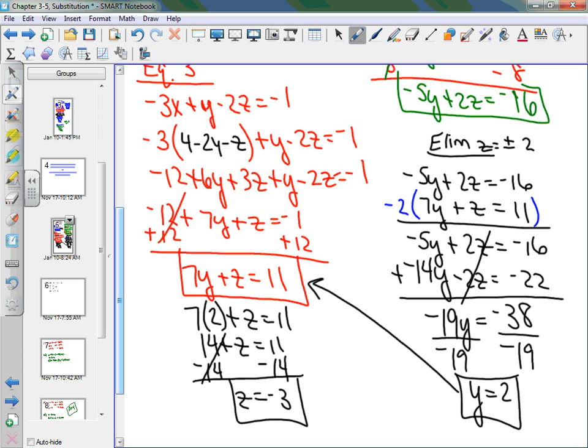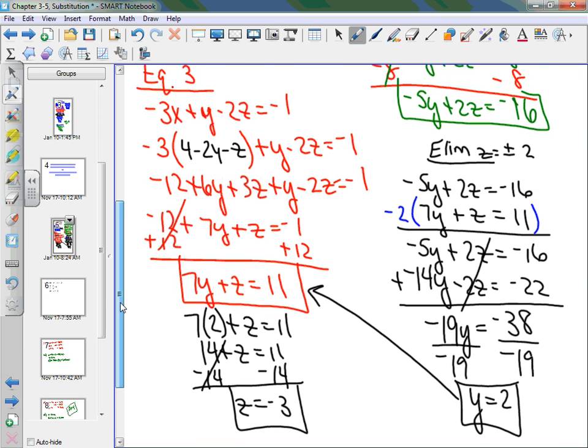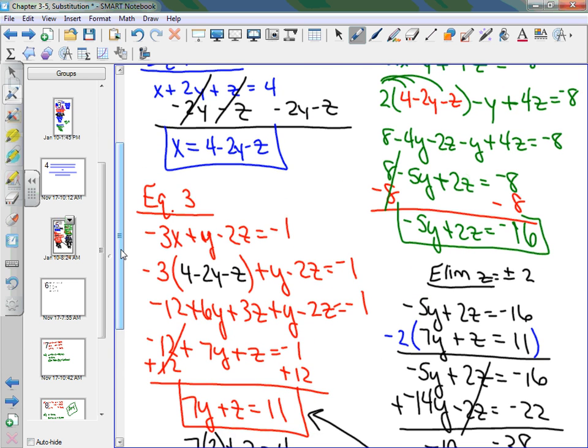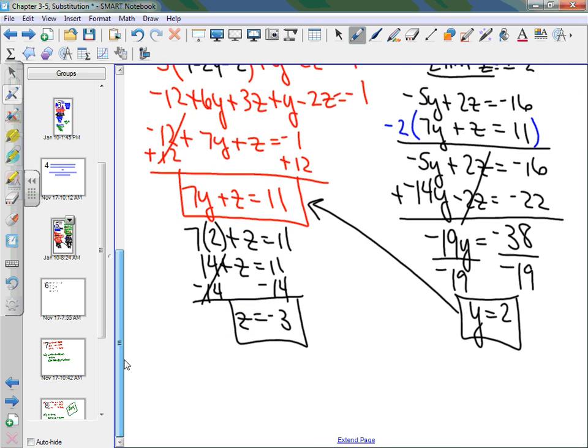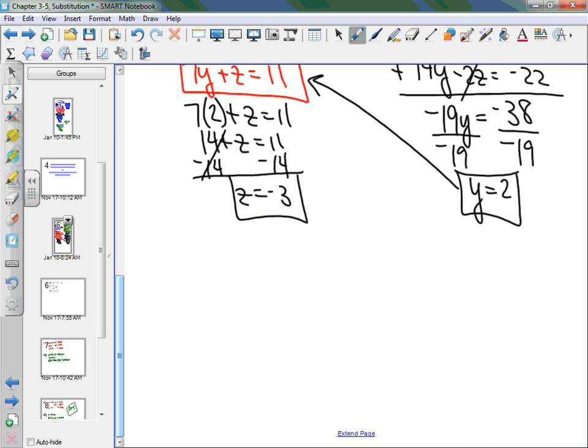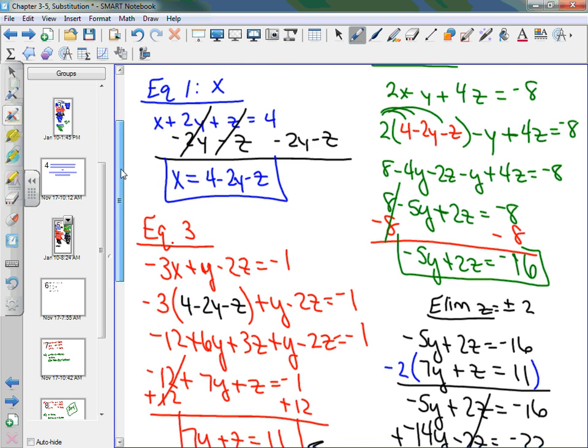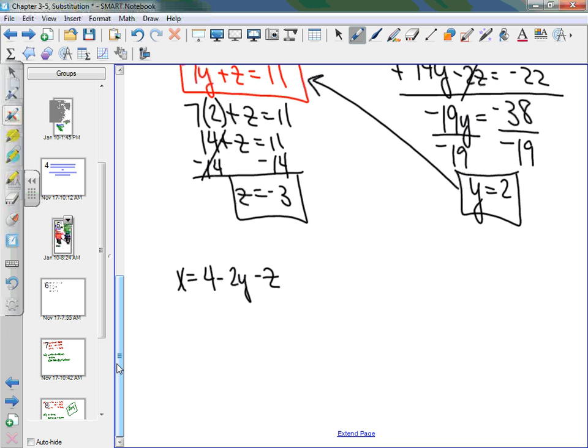Where do I go to get x? I would go back to the box or to one of the original. It does not matter. Do we all see that? So I'm going to go back to the box, which is x is equal to 4 minus 2y minus z. Is that what I said? And I plug in what I know.